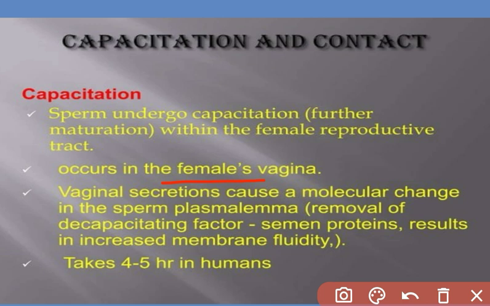The vaginal secretion causes a molecular change in the sperm, which removes decapacitating factors so that capacitation of the sperm occurs, and it takes 5 to 6 hours in human beings.